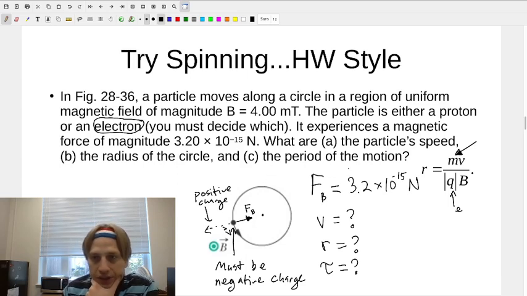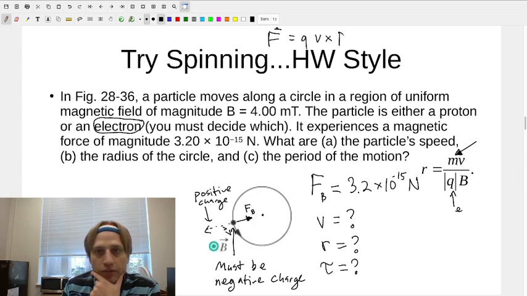Now, because we have an electron, we can go ahead and start to work out our different solutions for this problem. Now, you'll remember force is q times V cross B. We know FB.